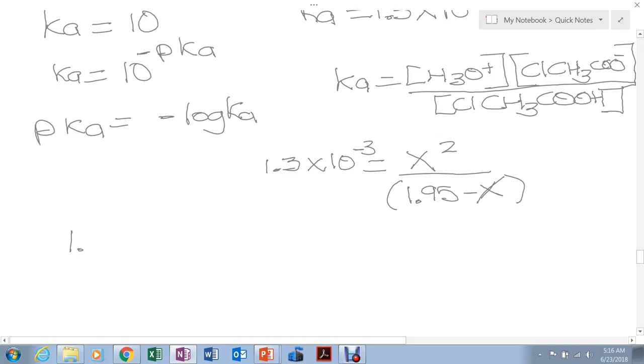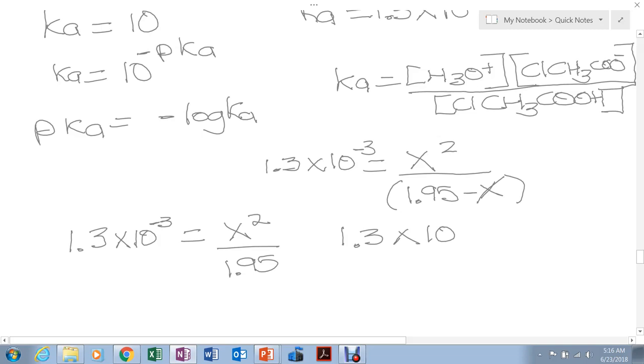So we're going to drop it, and it's 1.3 times 10 to the negative 3 equals x squared divided by 1.95. So we got 1.3 times 10 to the negative 3 multiplied by 1.95 equals x squared.